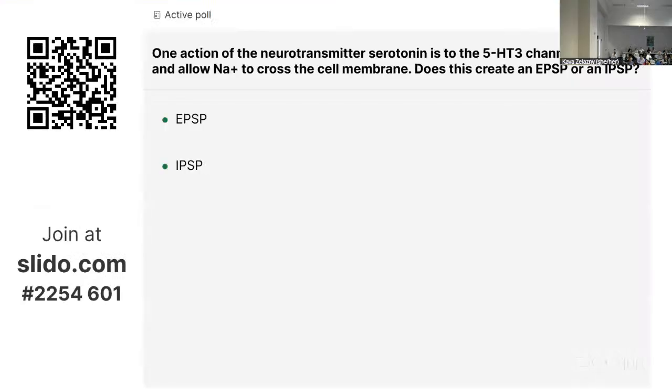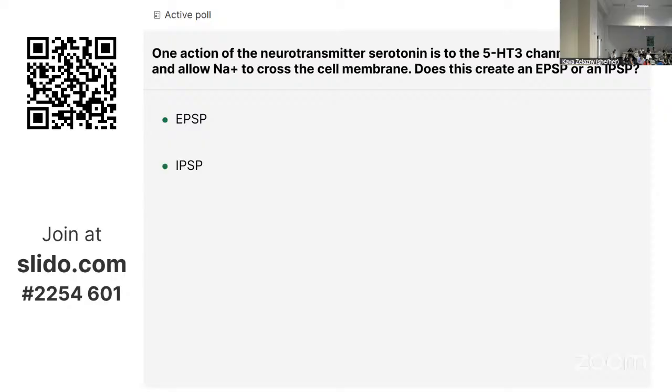So here's a practical example of something we might be applying some of what we've learned so far. Here's an example where we have a neurotransmitter, serotonin, that is going to bind to a channel receptor called 5-HT3. And when it does, that's going to allow sodium to cross a cell membrane. Okay?